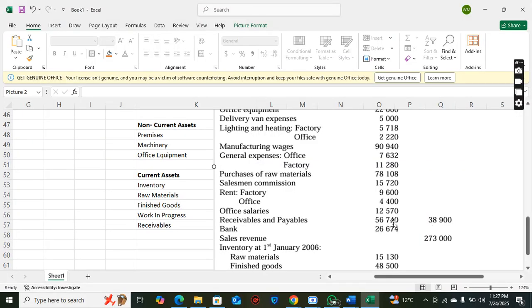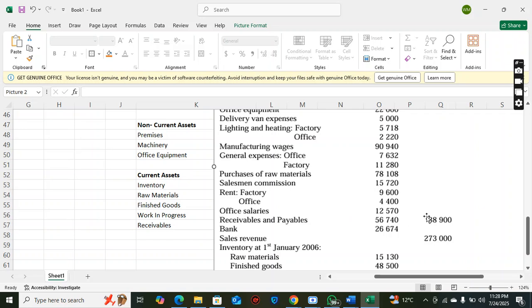Remember, colleagues, receivables is an asset account. So asset accounts, usually their balances are on the debit. Then payables is a liability account. So liability accounts, their balances are usually on the credit side. So should you ever face a situation like this, you should know that the one on the debit is the receivables.